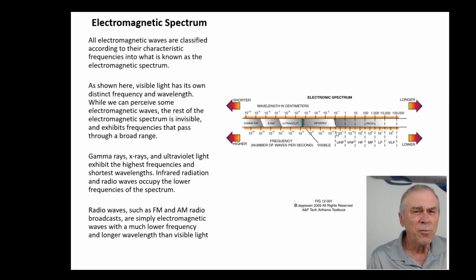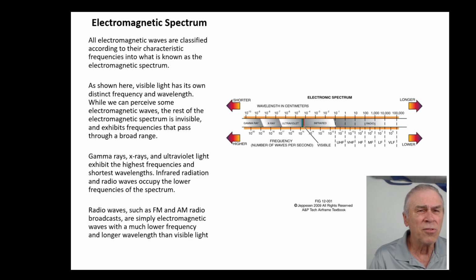Let's see here. Visible light, that's just a small portion. You can see the red, really small area there. That has its own distinct frequency and wavelength. And the same with electromagnetic waves. We can perceive some, but the rest of it is invisible. It's a broad range. At the outermost is gamma rays.